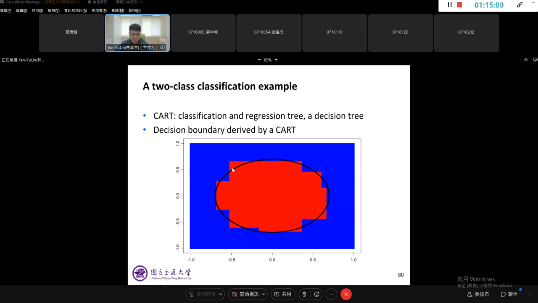The black ellipse is the ground truth boundary, but the decision region red and the decision region blue indicate the decision boundary generated by this decision tree. As you can see, the contour of the boundary is different from the ground truth boundary of this ellipse.